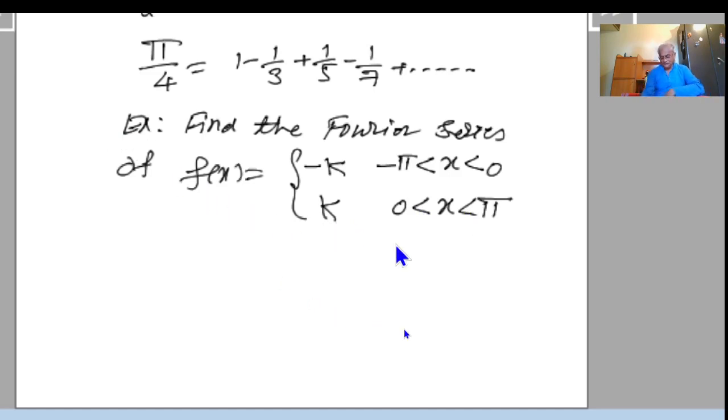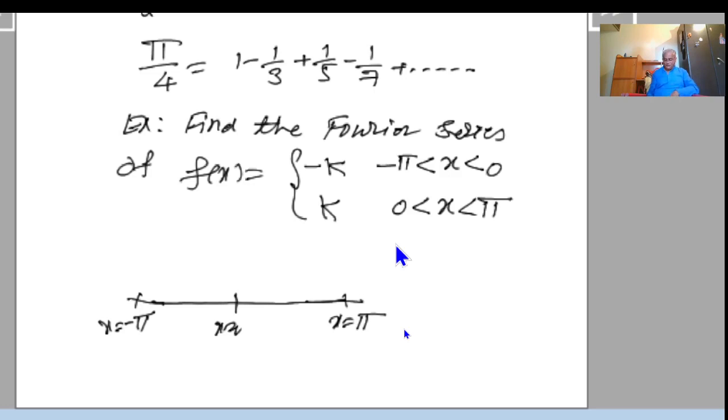So it is like this. Here this is x equal to 0, here x is equal to pi, and x is equal to minus pi. If x lies between 0 and pi, that is, if x is positive, f of x value is equal to k.